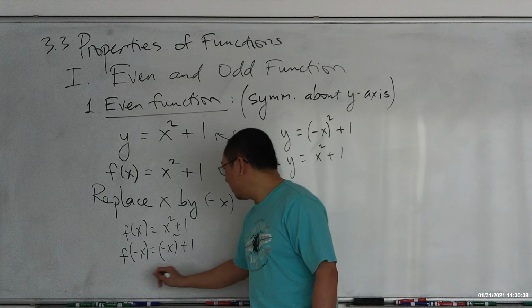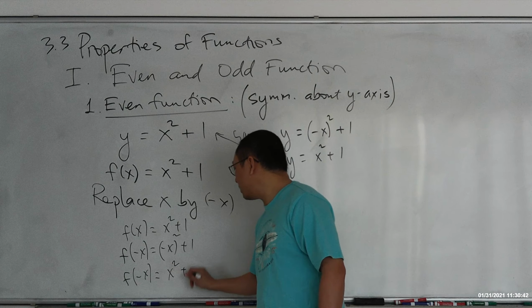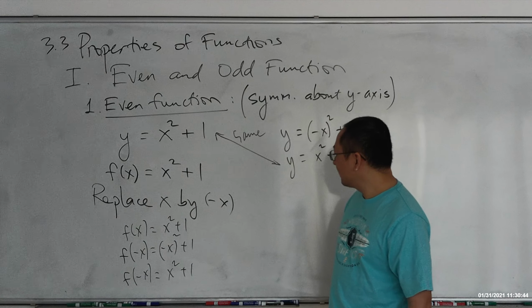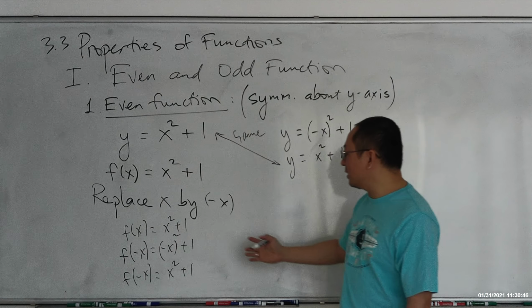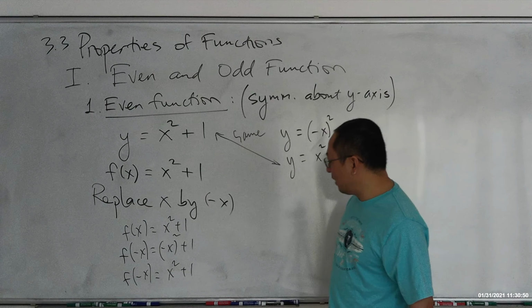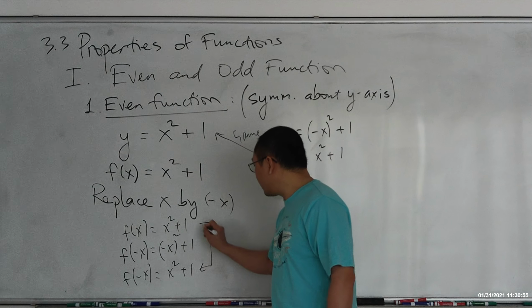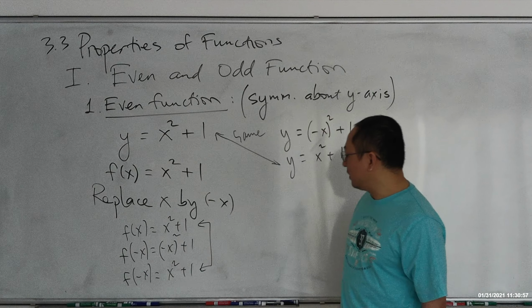And simplify, of course, you get still f of negative x equal to x squared plus 1. So we are doing the same thing. We're just talking in the language of function instead of equation in general. So when I replace x with negative x, I got the same function, or you say the same equation. Same.